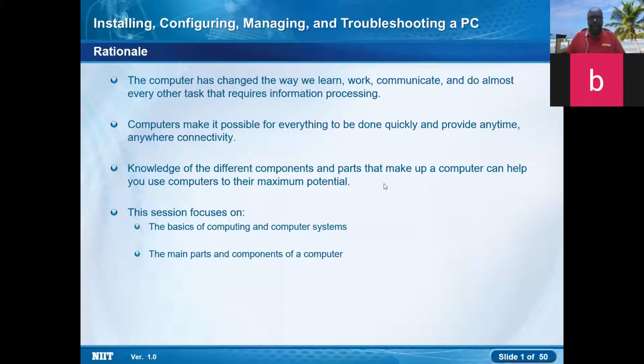Okay, last time I gave you the rationale for this course, that this course is intended to equip you with the necessary knowledge and the skills to be able to maximize the benefit of using computers, but also to enable you provide the basic technical support that other computer users need from an IT person.